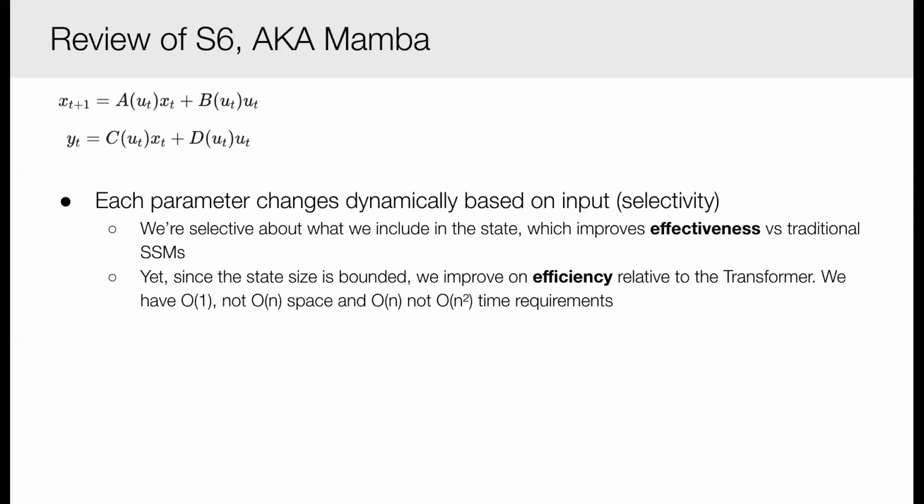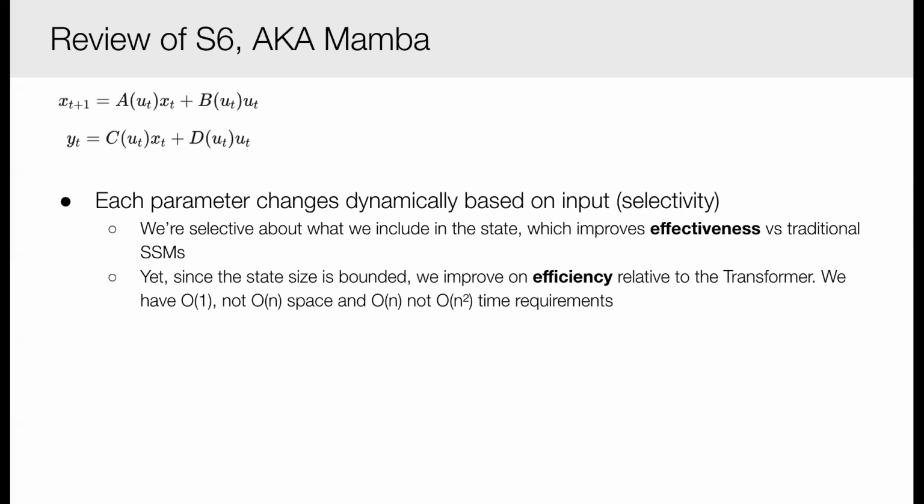A quick review of S6 is that essentially you have your UT, which is now your input parameter, added to every single learned parameter A, B, C, and D. So now each parameter changes dynamically based on your input, and this is called selectivity. Because we now have selectivity, we're able to improve on our effectiveness compared to traditional SSMs. And because our state size is bounded, we have a solid efficiency compared to your transformer.